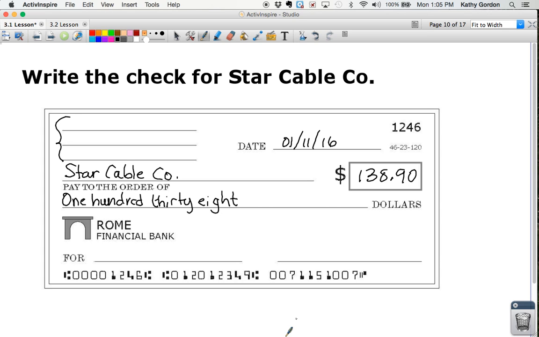And since the cents are meant to be a part of a dollar, the cents always get written as a fraction out of 100. So 90 cents we would write as 90 over 100. And then usually people will write some sort of a line to fill in any extra space up until the dollars. Again, as a way of not allowing anybody to write something else in there and try to get more money from the check than what's supposed to be.